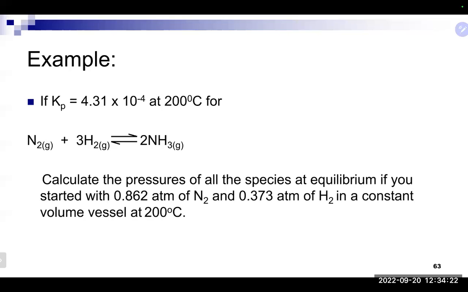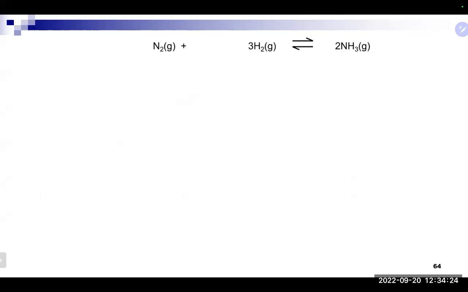We've got our equation, so let's get moving on that. We're going to put our initial pressures in: the initial pressure of N2 is 0.862, H2 is 0.373. And once again, we were not given anything for our product side.